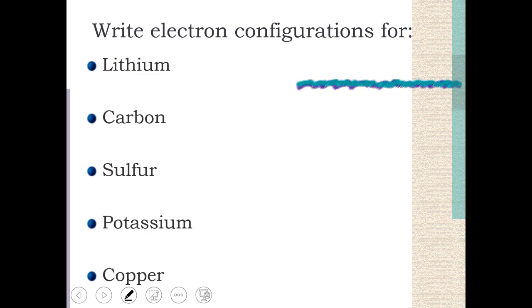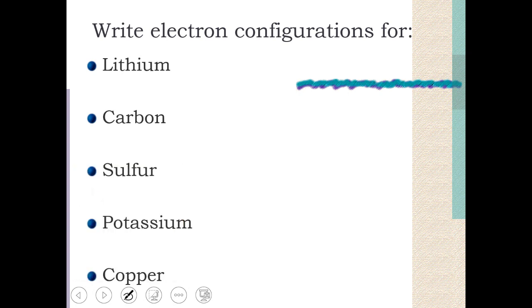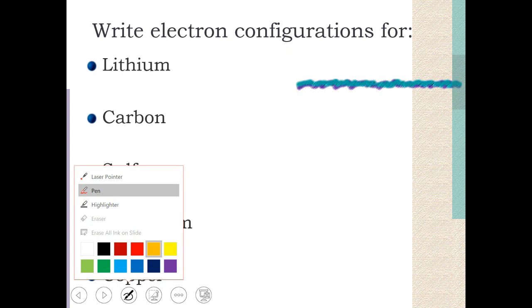Now, when we write the electron configuration, we have to know what levels and sublevels are available to fill in. So we're going to make a little list here, and you should make a similar list.